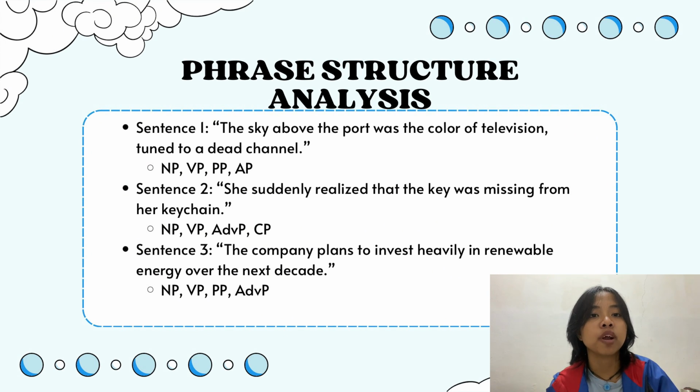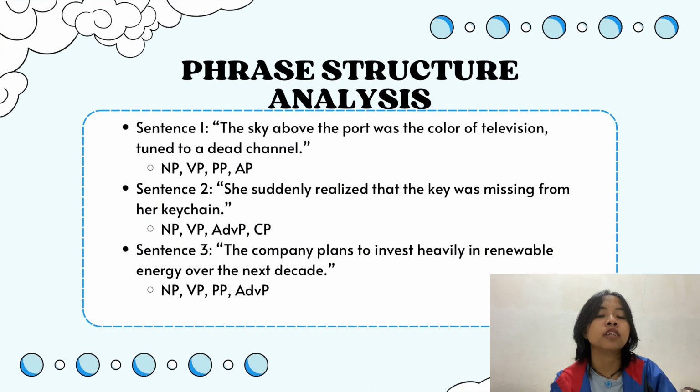VP predicate was the color of television tuned to a dead channel contains V, or verb, was, and then NP, the color of television, and the AP, adjective phrase, tuned to a dead channel, which contains a preposition phrase, to a dead channel.